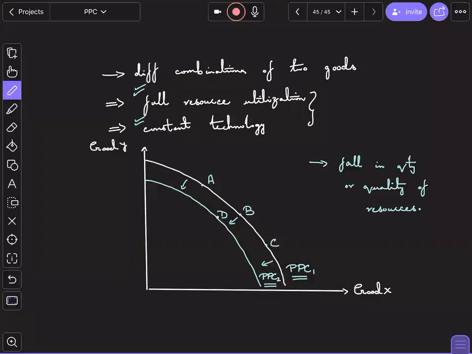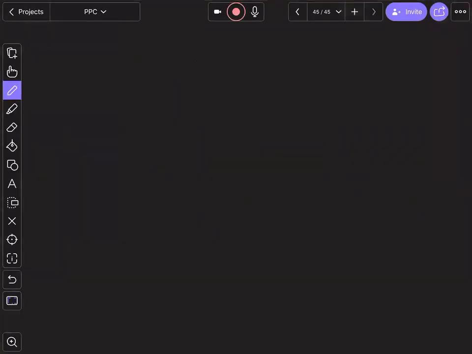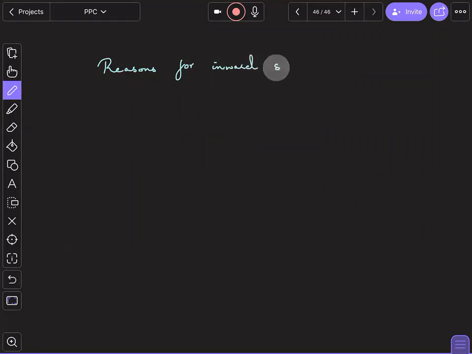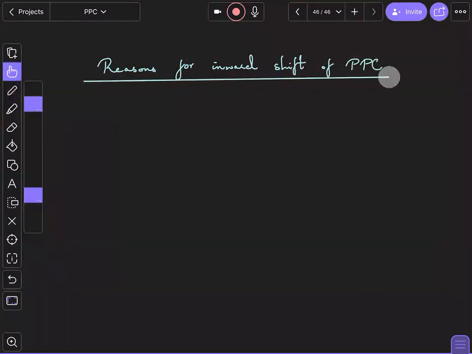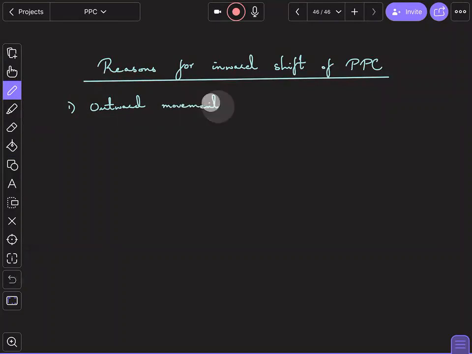Now let's discuss what are the reasons for this backward shift of the PPC, or for this fall in the productive potential. Reasons for inward shift of PPC can include outward movement of labor force.